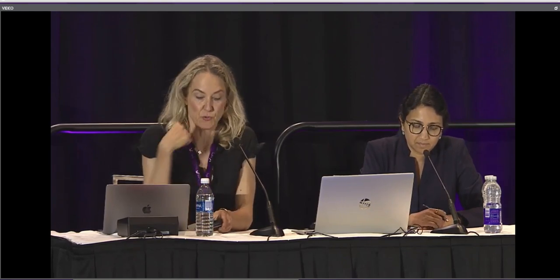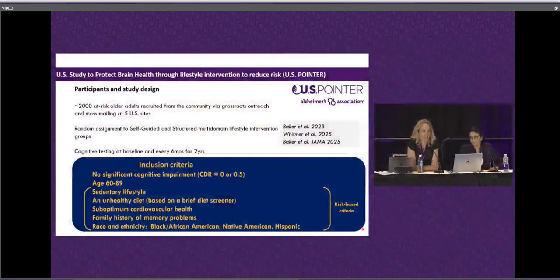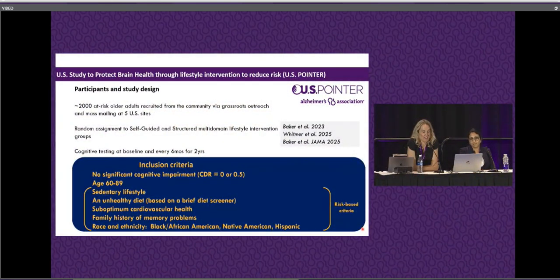So before we get started on the talks, since all the talks are going to be discussing pointer data, I wanted to say a few words about the pointer study design. I was thrilled and excited to witness the reporting of the successful pointer trial results yesterday.